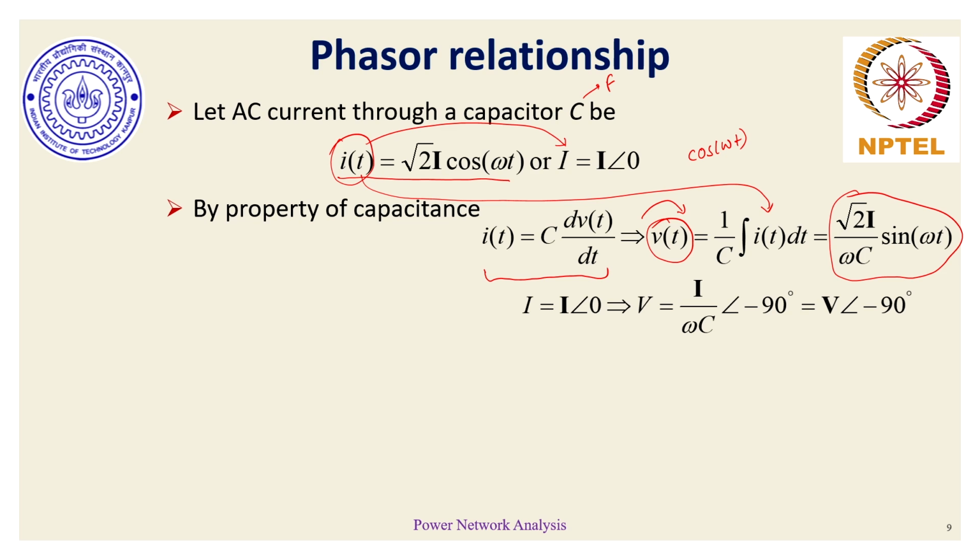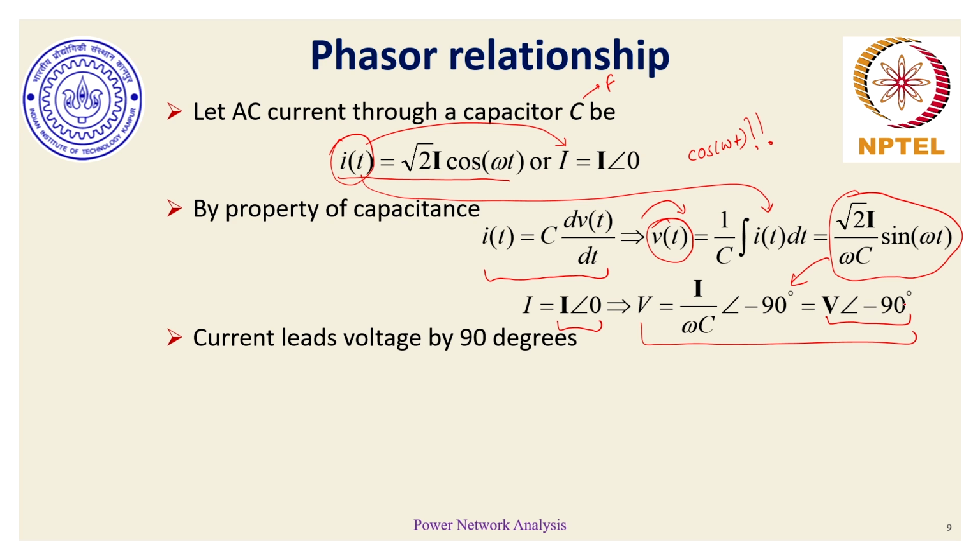Accordingly, we can rewrite this time domain signal, with cos omega t as reference for phasor, into the corresponding phasor form. In this particular capacitance property, what we see is that current has a phase angle of 0, whereas voltage has a phase angle of minus 90.